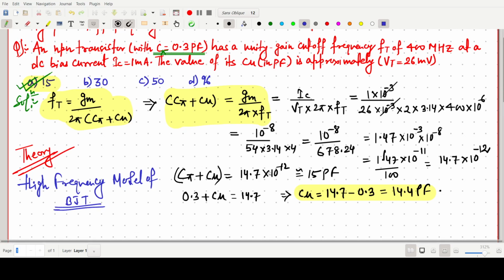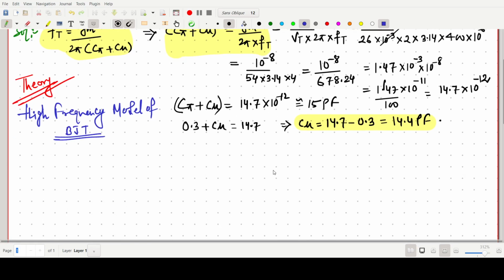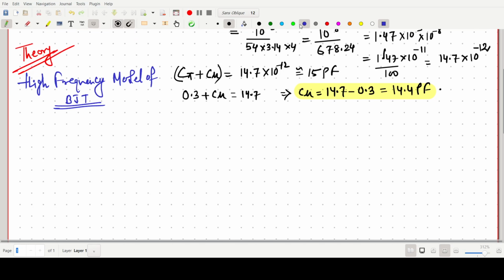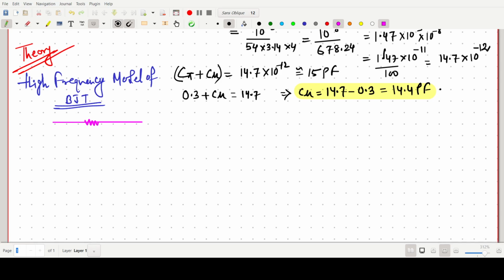We have to know the concept of the high frequency model of BJT, and then we can easily do the cutoff frequency calculation, meaning how to find this FT value. Before that I want to draw the high frequency model.